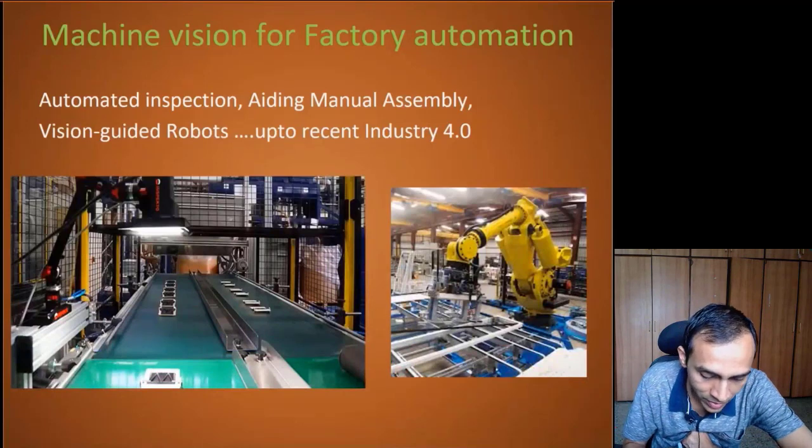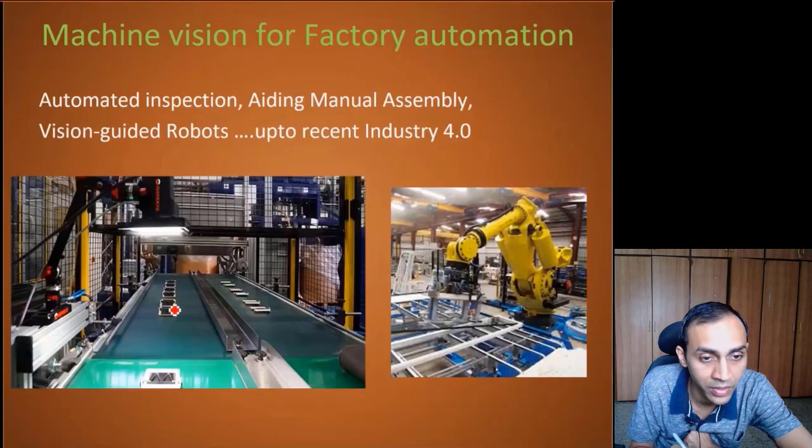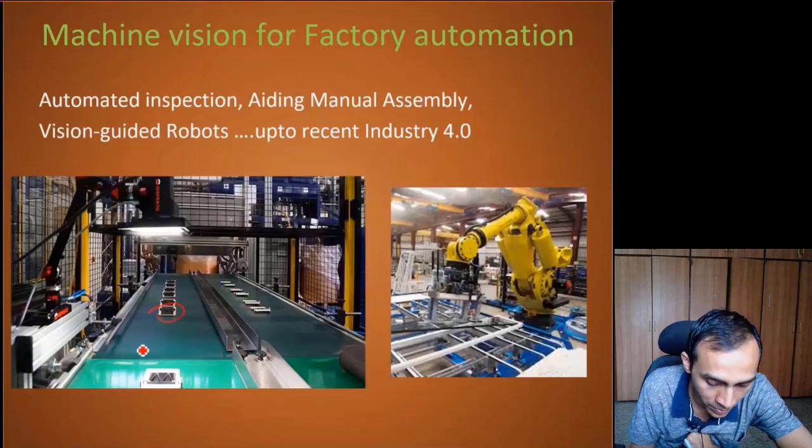Machine vision is one of the very extensive uses of computer vision. It was especially used for inspection, rather than manually inspecting the assembly process, how things are manufactured, and whether there is a defect in a particular piece of the thing being developed.